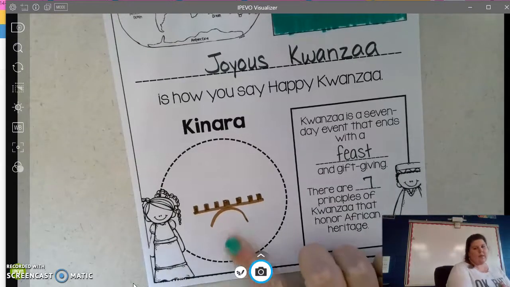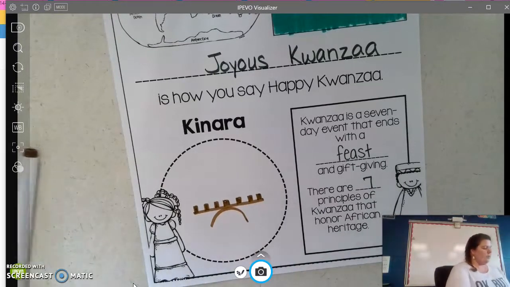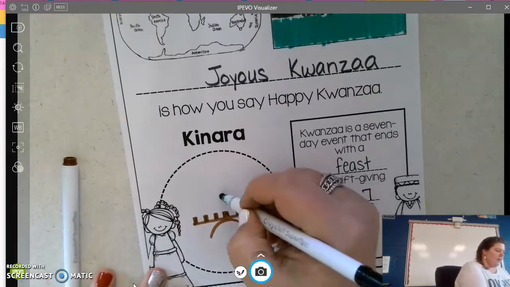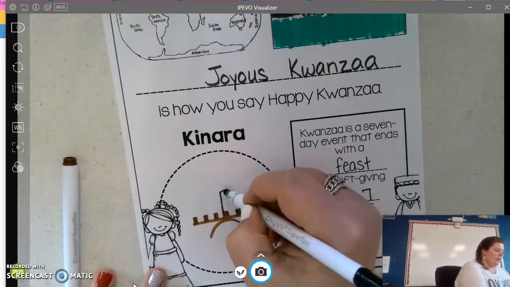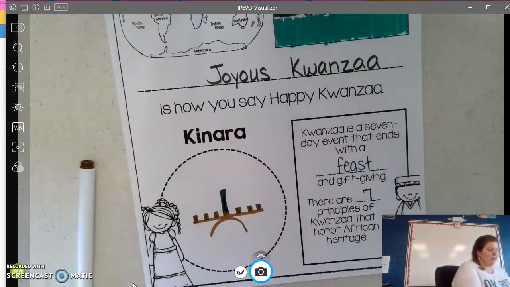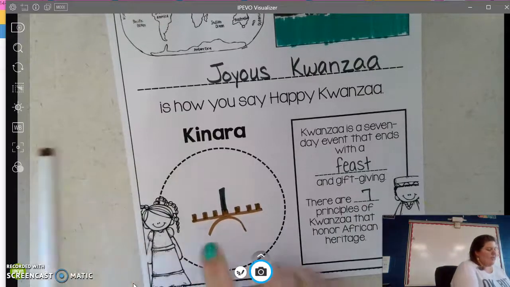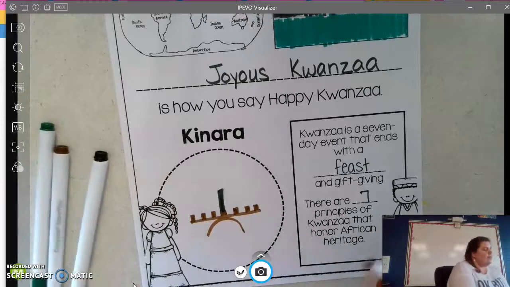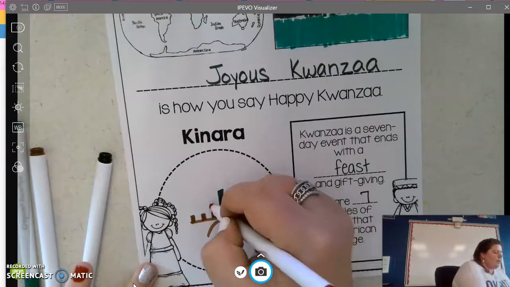Okay, so here's my Kinara that I drew. The black candle in the middle is taller. So I'm going to draw a black candle in the middle. And then on the left is the red candles. And remember, the red candles represent their suffering.